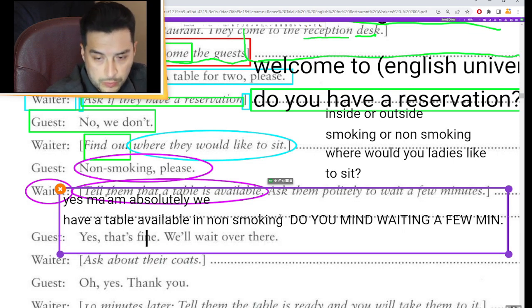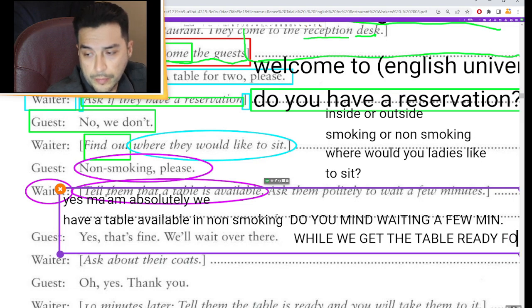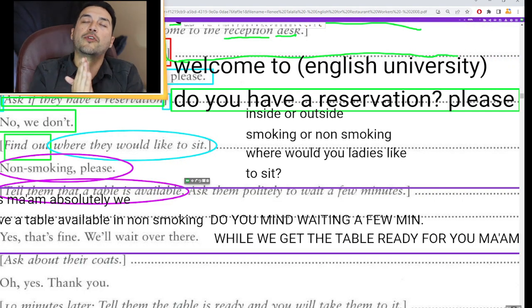Do you mind waiting a few minutes while we get the table ready for you? Ma'am, do you mind waiting?